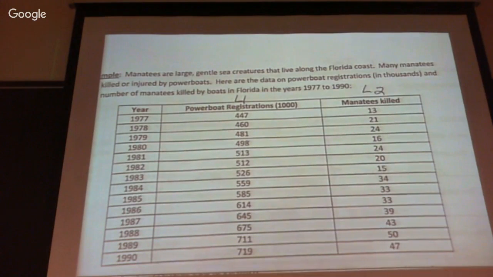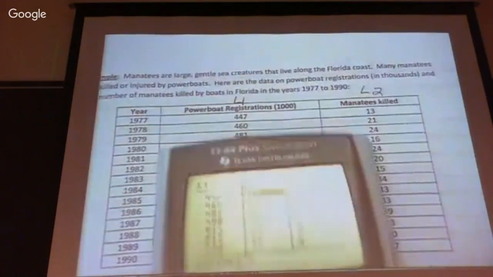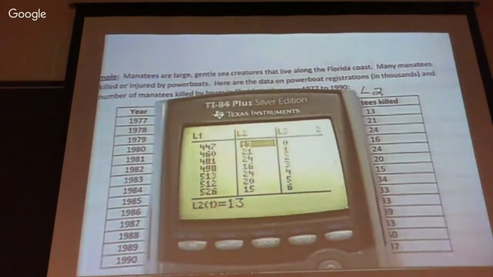Now, step 1 is to put the data in the calculator. I put all my X's in list 1. I put all my Y's in list 2.